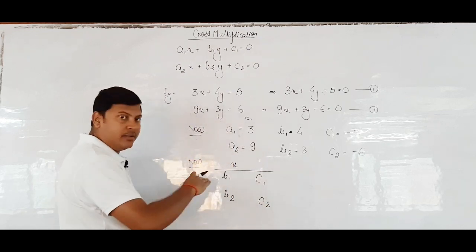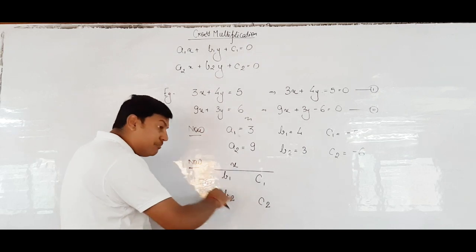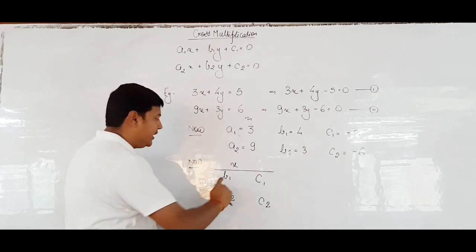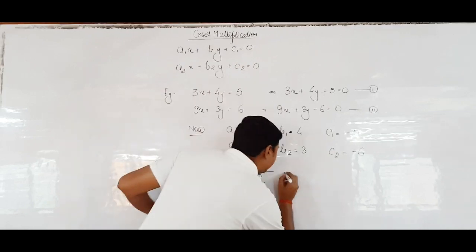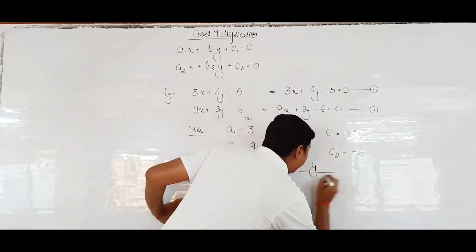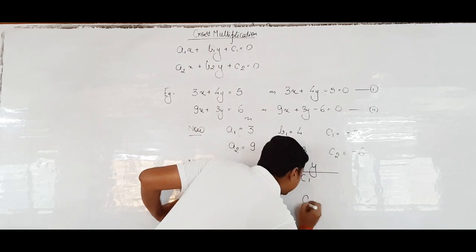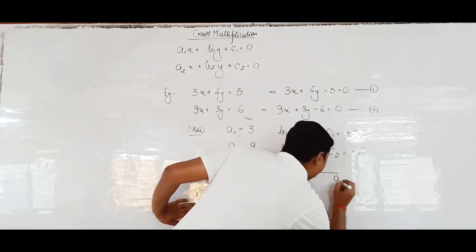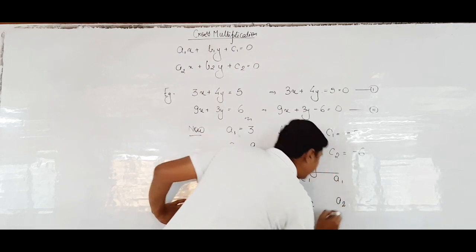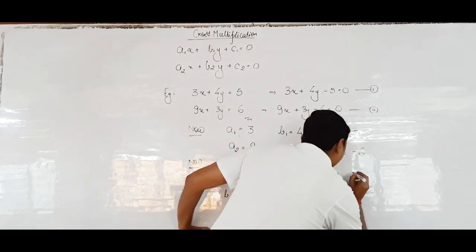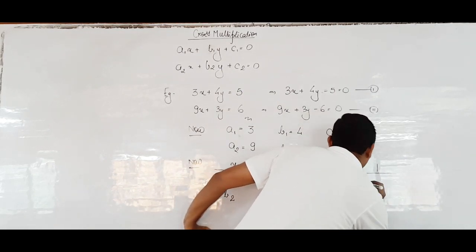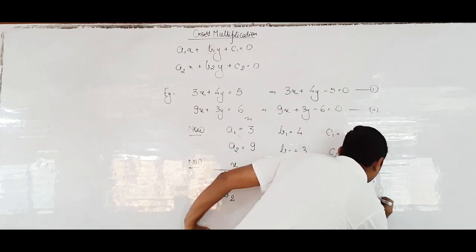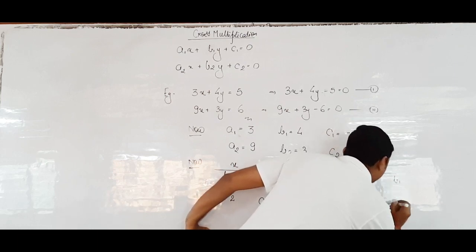It's not b1 by b2, it's b1, b2, c1, c2. Similarly, by c1, c2, a1, a2. Now, again, 1 by a1, a2, b1, b2.